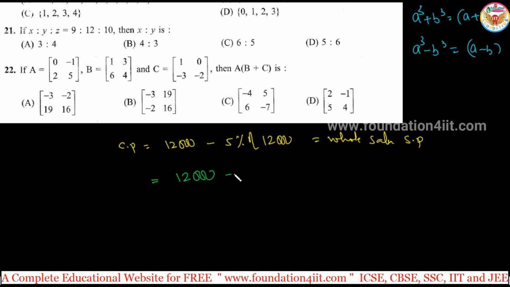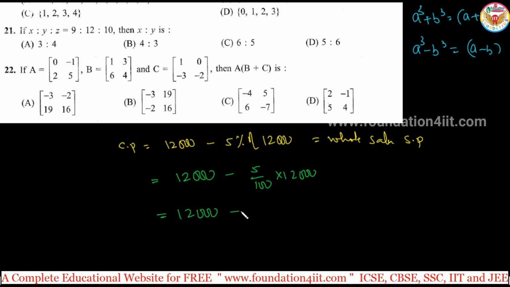So 12,000 minus 5%. So 5 by 100 into 12,000. So 12,000 minus, we cancel this, 120 into 5. So 600. So 12,000 minus 600, so 11,400.